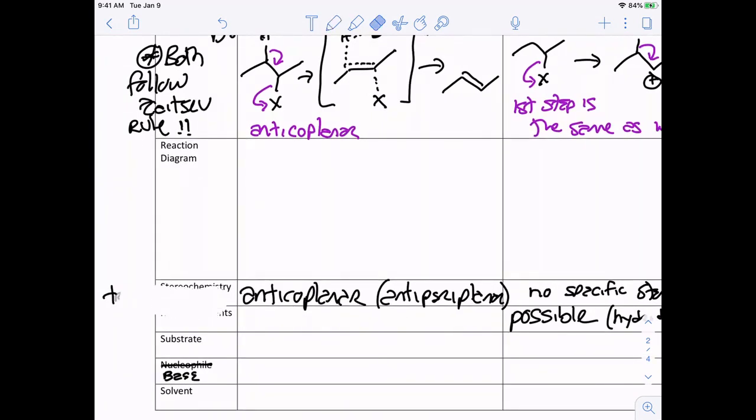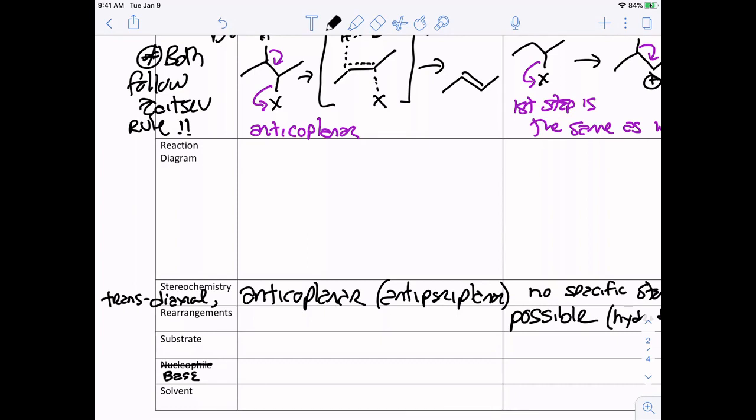If it's a cyclic hexane, trans diaxial. So that should go in the stereochemistry space also, however you can fit it in there.